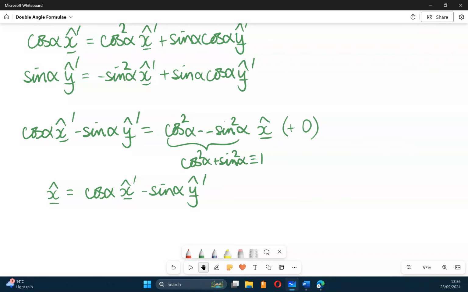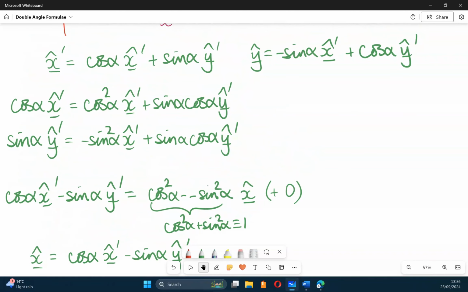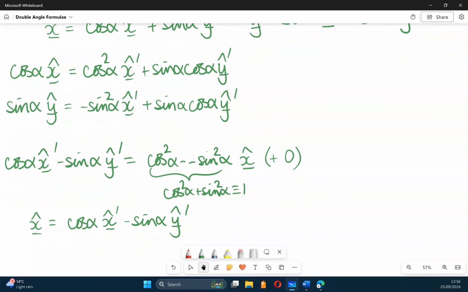Now, what do we want to do if we wanted to find y hat prime? Well, we need to just get rid of x hat prime. Sorry, I've just noticed the notation here.